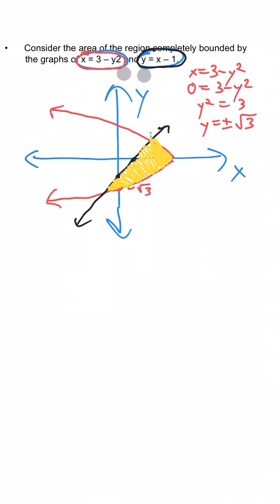Ugh. We'd have to break it right here and then consider all the area on the left where the linear is above the quadratic, and we'd have to consider everything on the right where the quadratic is above the linear. Whoa, can we even do that? I don't know that we can. So we're really forced into this whole y dy scenario.